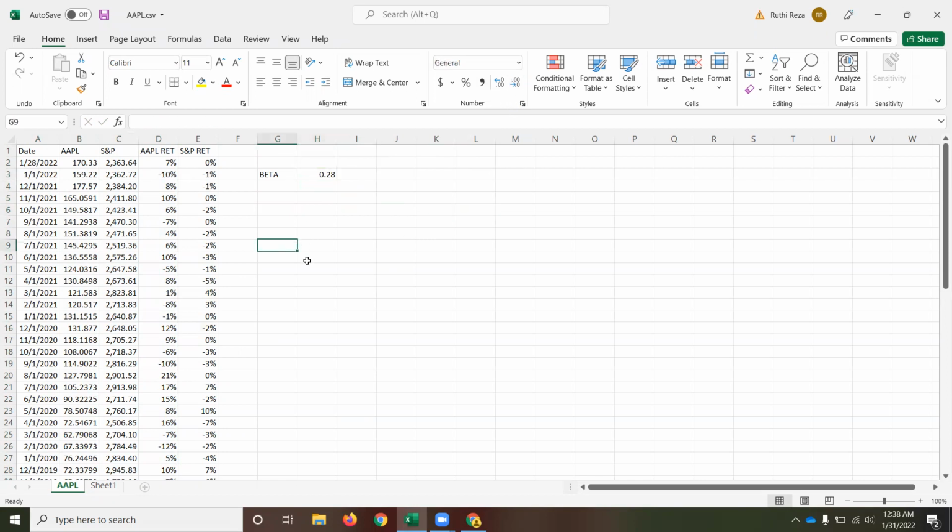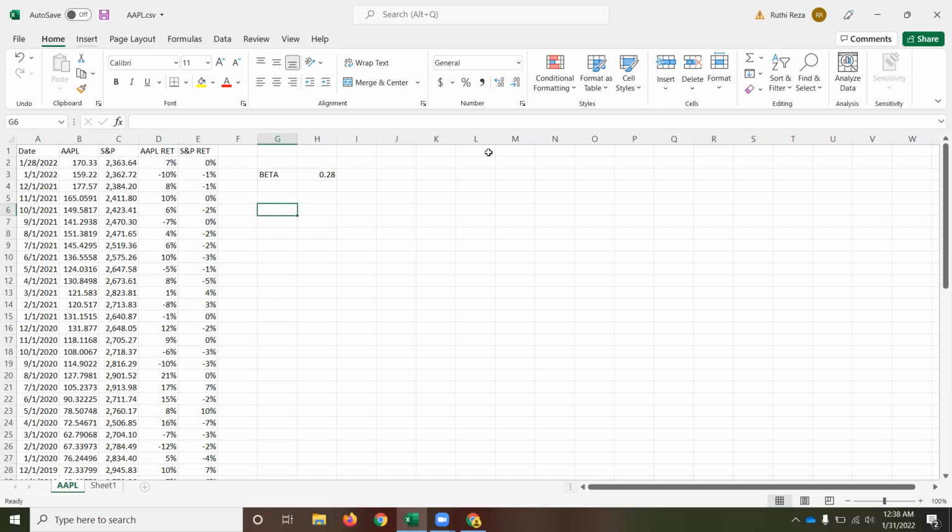All right. Next, we are gonna draw a scatter plot, and then we are gonna find out the regression equation over there. Then the slope of that regression equation will be our beta.